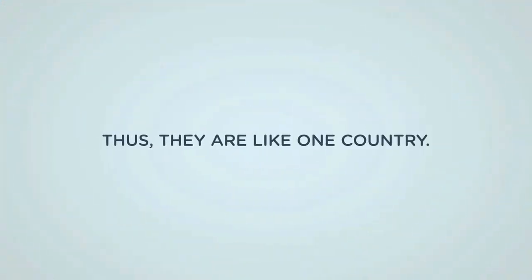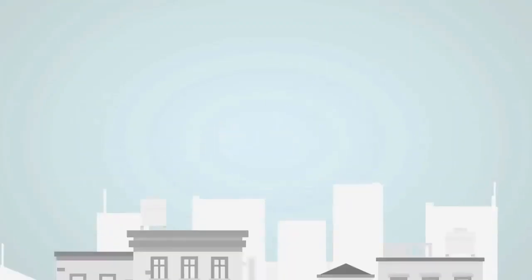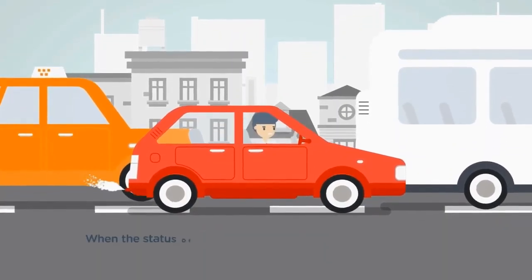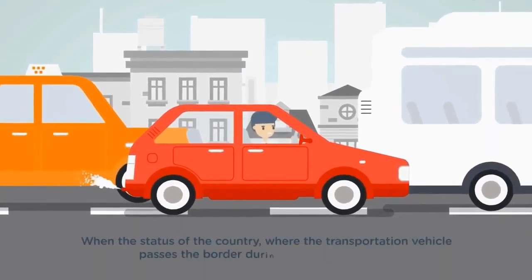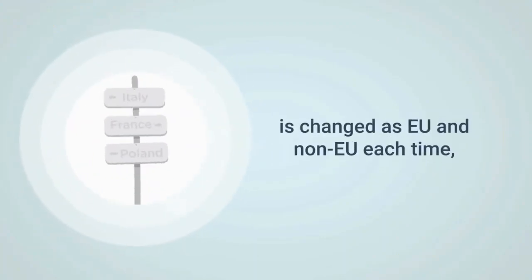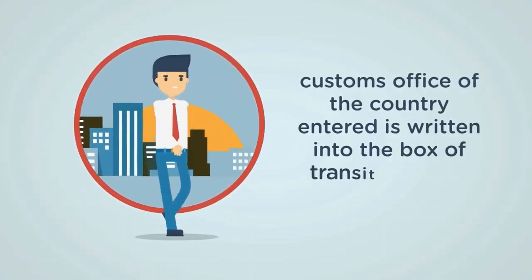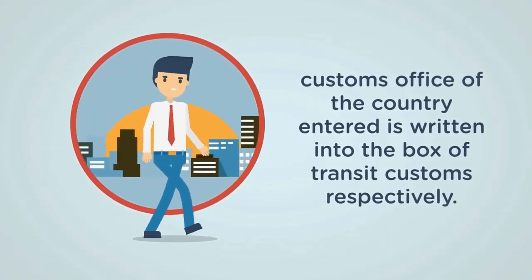Thus, they are like one country. When the status of the country the transportation vehicle passes into during the transportation changes as EU and non-EU each time, the customs office of the country entered is written into the box of transit customs respectively.